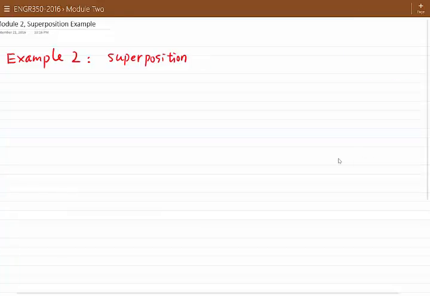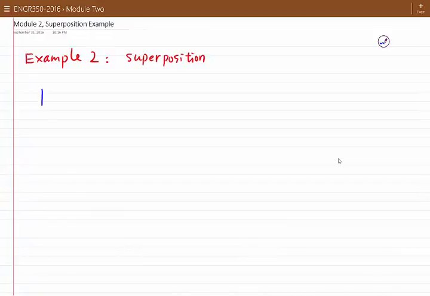So let's look at the circuit. We have a voltage source. The voltage source is 10 times sine t minus 30 degree. So we have a resistor of 1 ohm.